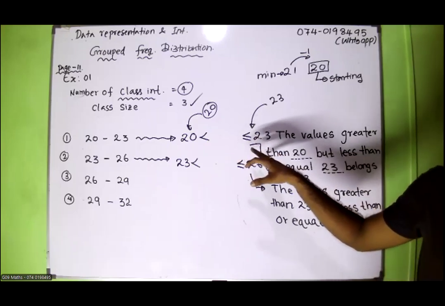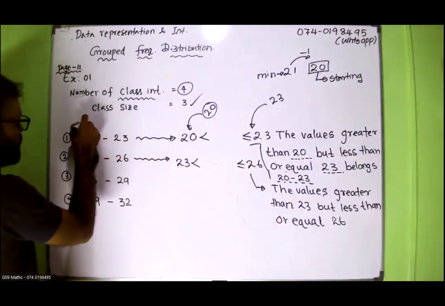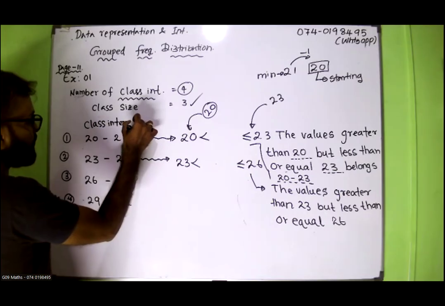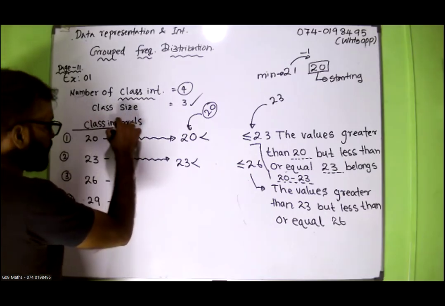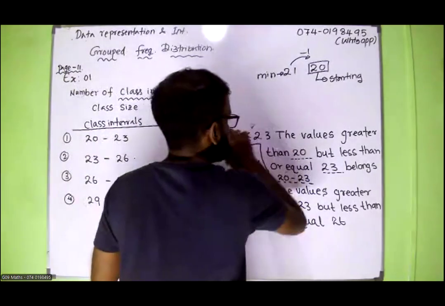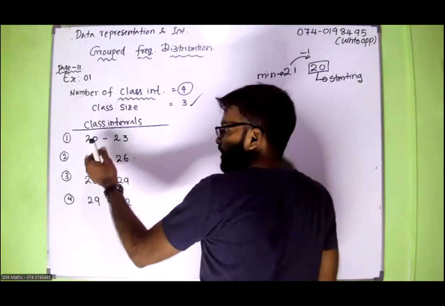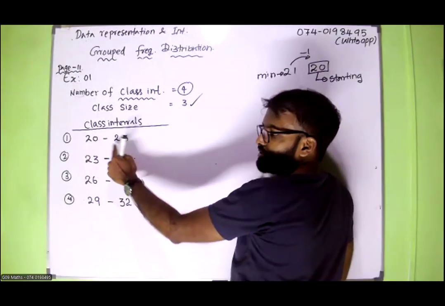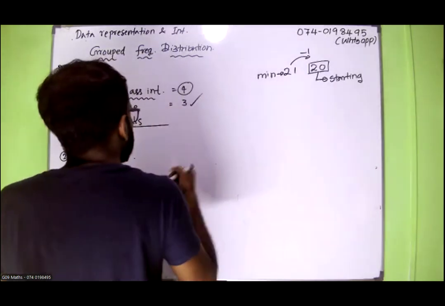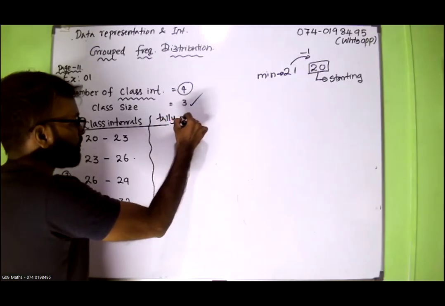If you can understand this one, why can't you fill the table? These are the class intervals, the same thing as previous. So give it a try. If you can understand which values should be inside this class interval, this range, you can use the tally marks and fill the frequency table.